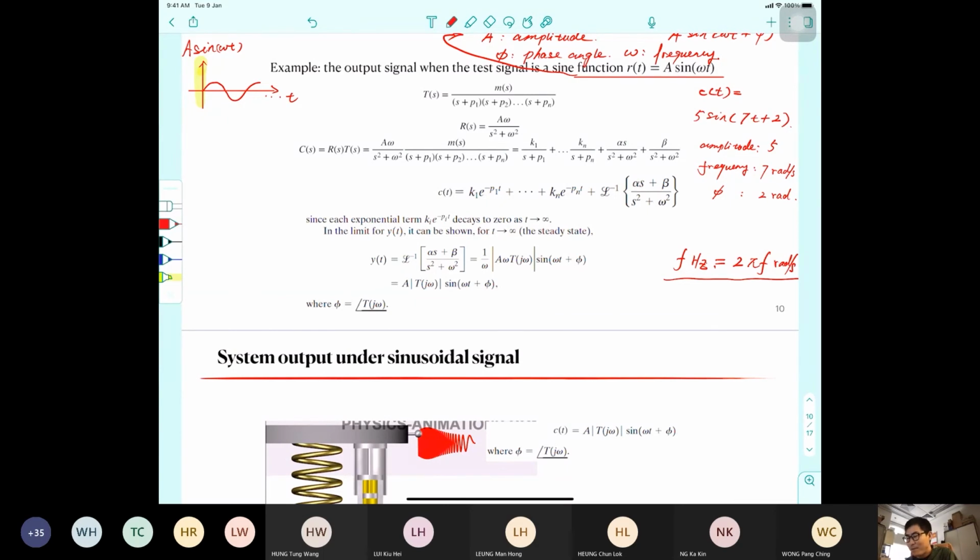How many cycles per second? 然后 radians per second 是 how many degrees per second? One cycle has 2 pi radians, right? Therefore, 1 hertz is 2 pi radians per second.